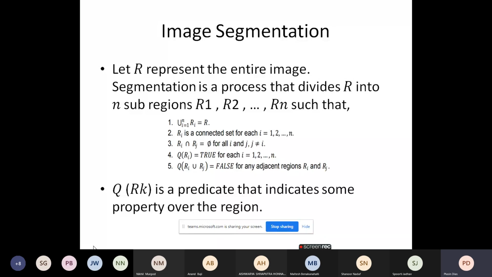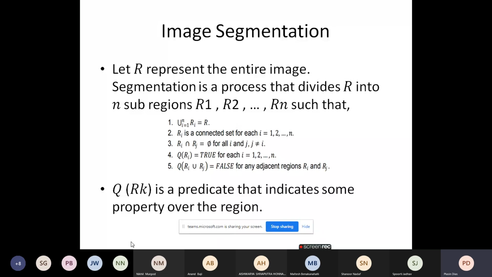The last condition is Q of Ri union with Rj is false for any adjacent regions Ri and Rj. The condition indicates two adjacent regions.